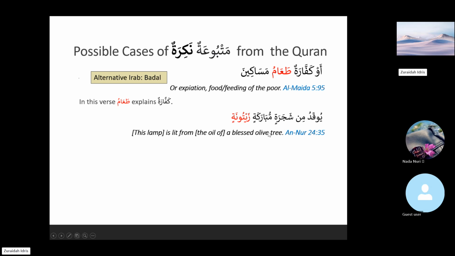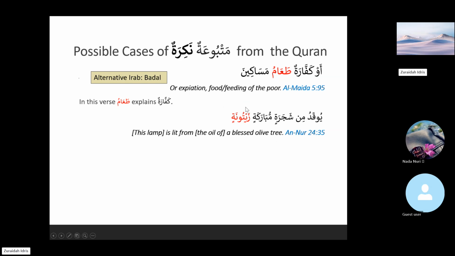So in this case now, there's kasra here, kasra here, kasra here. I've highlighted again, so this would be your atfu bayan. You're saying that it is from the olive tree, you're clarifying what blessed tree we are looking at.